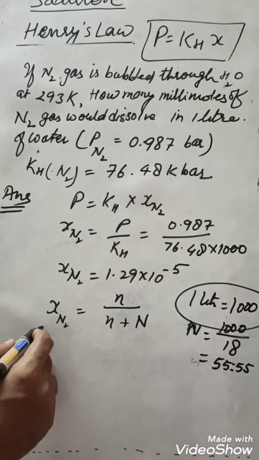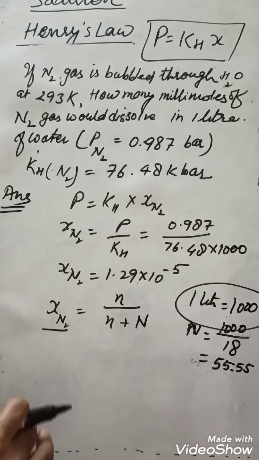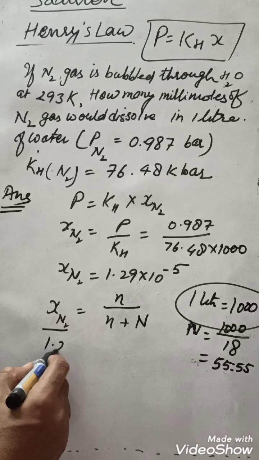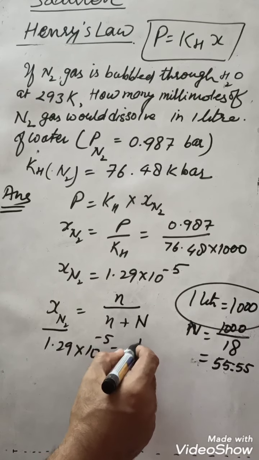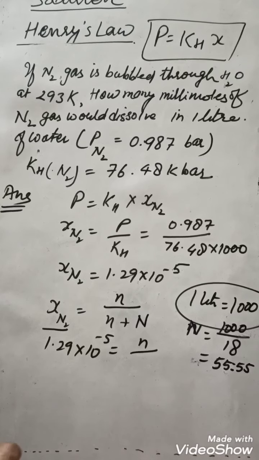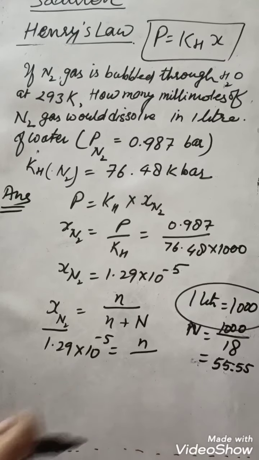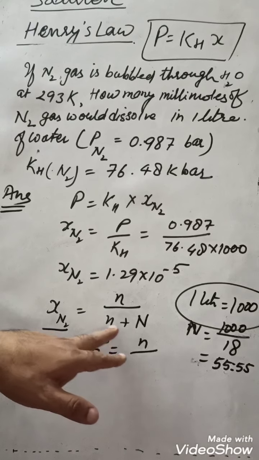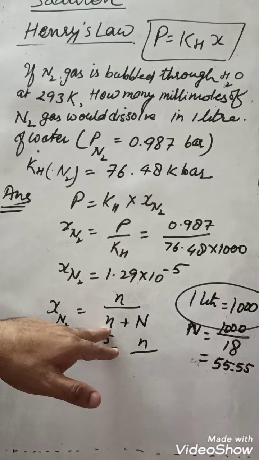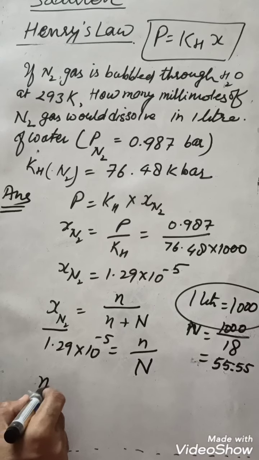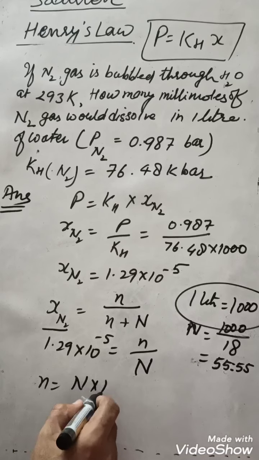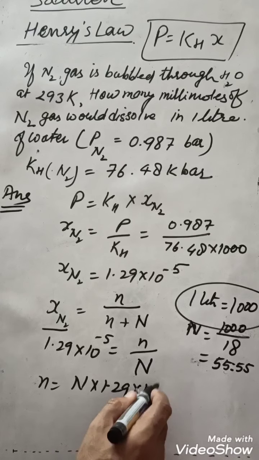So here put the value: 1.29 into 10 to the power minus 5 is equal to the number of moles of nitrogen divided by the number of moles of water. If the number of moles of nitrogen is too small compared to water, then we can ignore it in the denominator, so n is equal to N into 1.29 into 10 to the power minus 5.